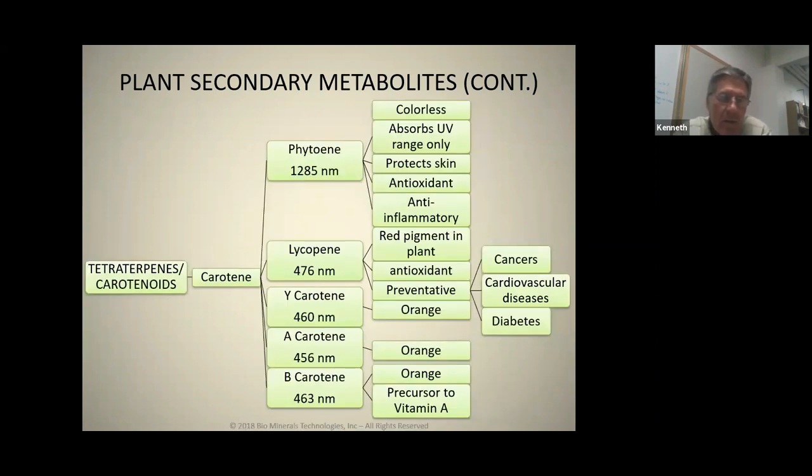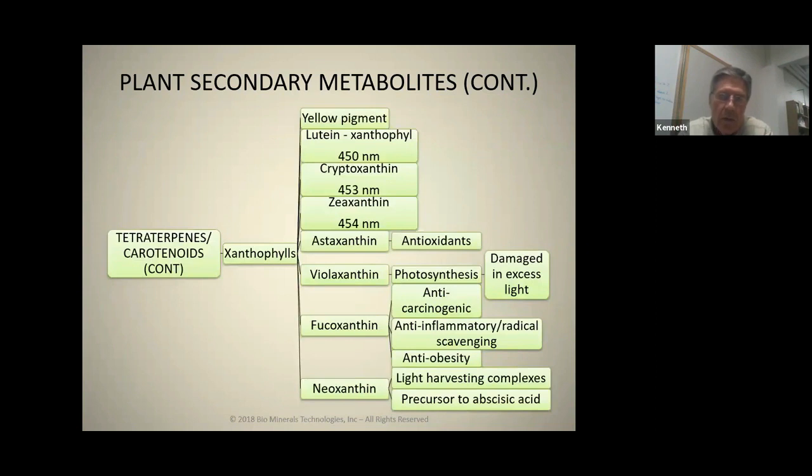Okay, we go into tetra-terpenes. Okay, again, we have all of these antioxidants, anti-inflammatory, over and over and over, the production precursors to vitamin A, cancer, cardiovascular disease prevention.